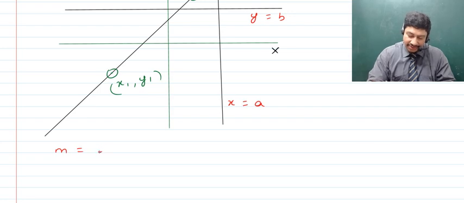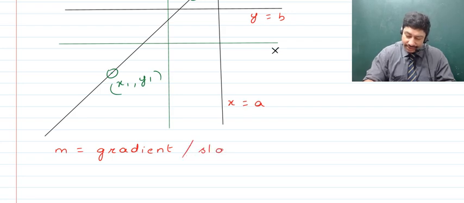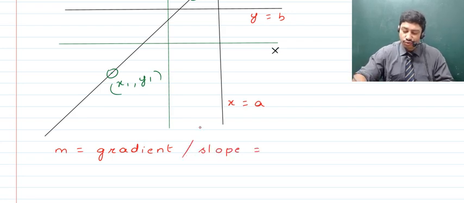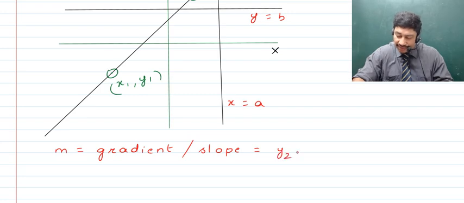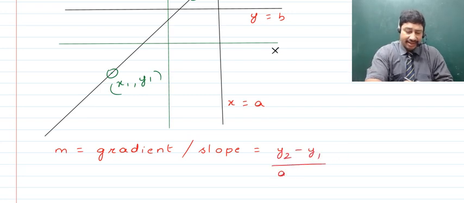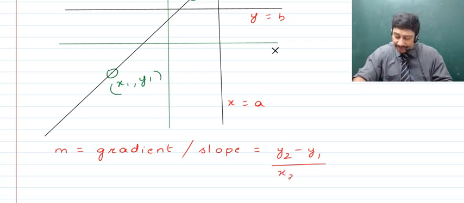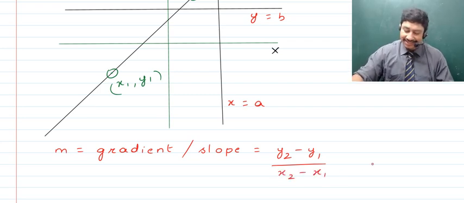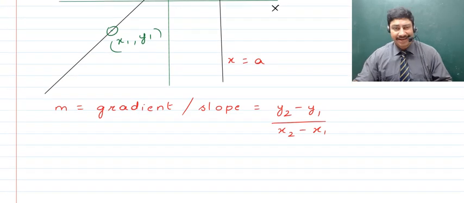So m actually gives you the gradient, which is also known as the slope. And when you have 2 points on a line, then you find the ratio of the difference in the ordinates and divide it by the difference of the abscissa to get the value of m, which is the slope of the line.